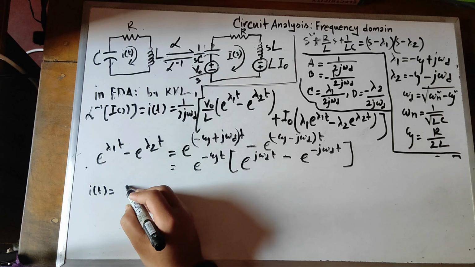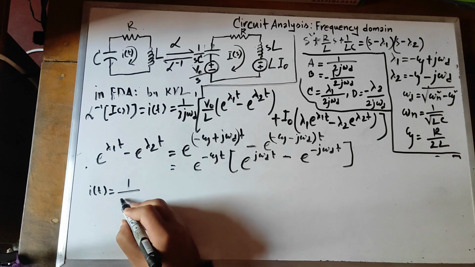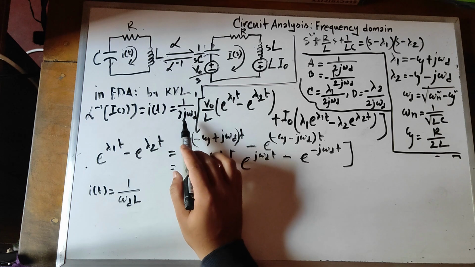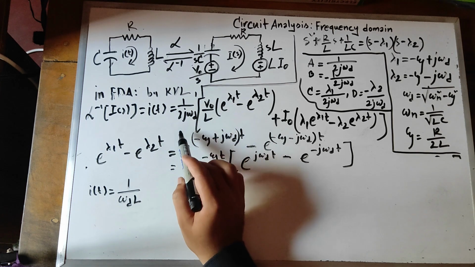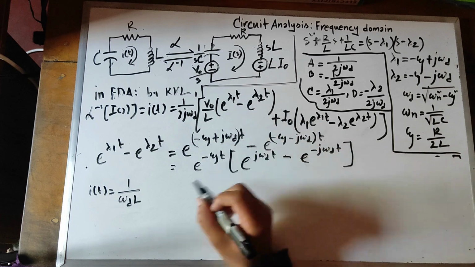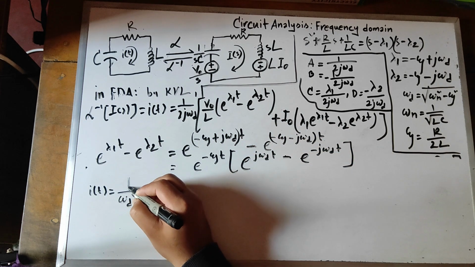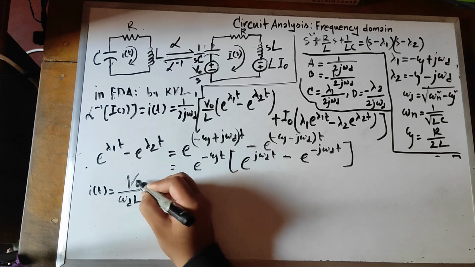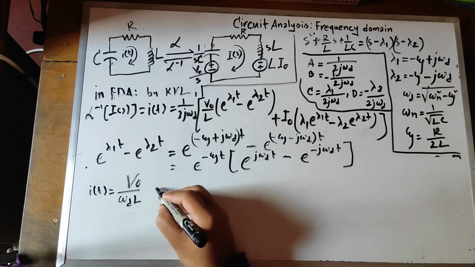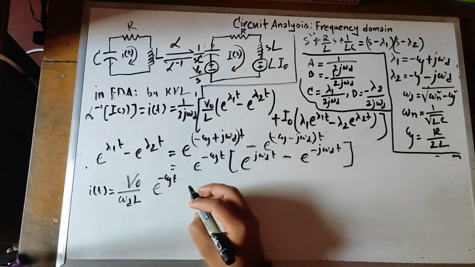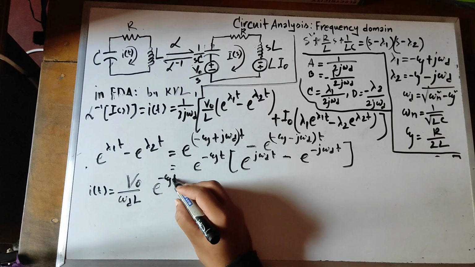For the first part it is 1 by omega d L. If we take 2j, sorry, if we take 1 by 2j inside this and divide the exponential terms, here this is V0, the initial voltage, and e to the power minus psi t, which is the damping factor.